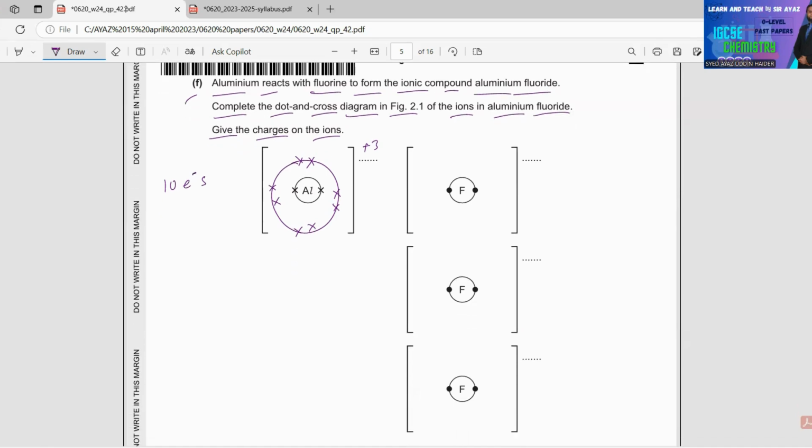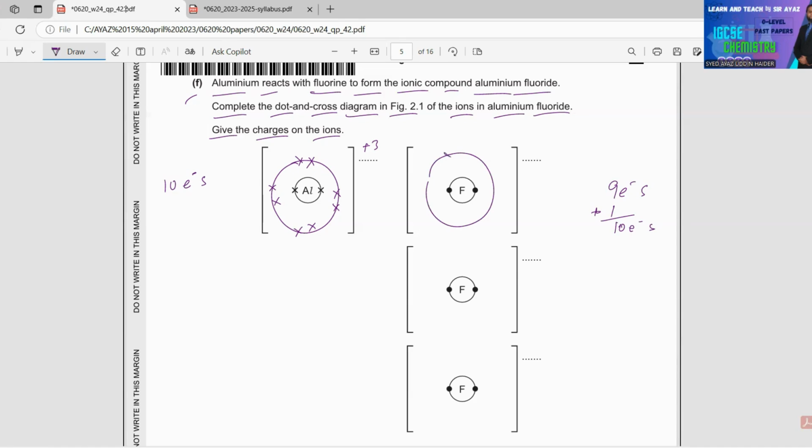Fluorine, each fluorine atom will take up these electrons or gain electrons to form negative charge ions. So they have 9 electrons, each of these having 9 electrons. After gaining 1 electron, it becomes 10 electrons. So 2 electrons are already shown. I need to show the other 8 electrons. Remember, 1 electron must be from aluminum.